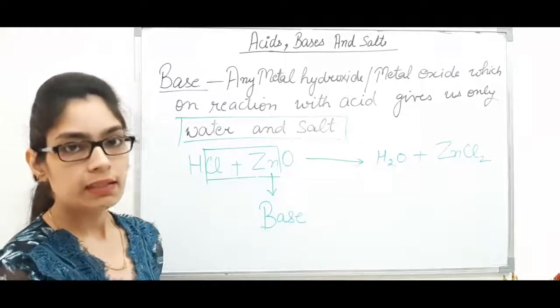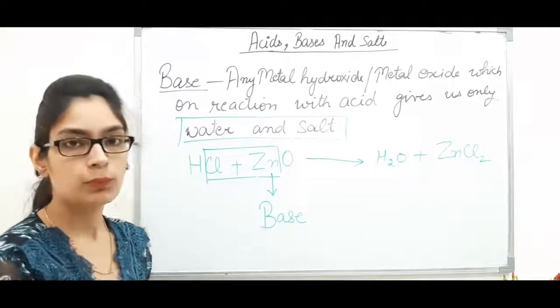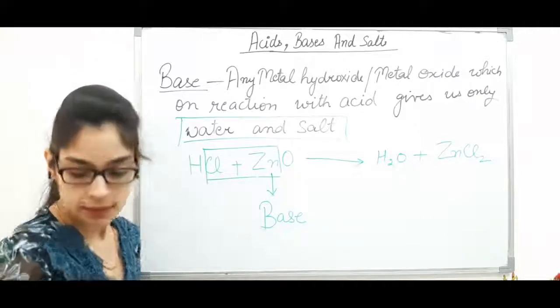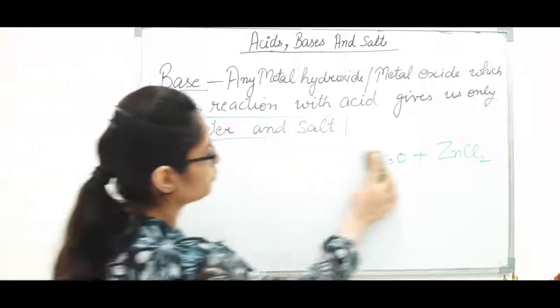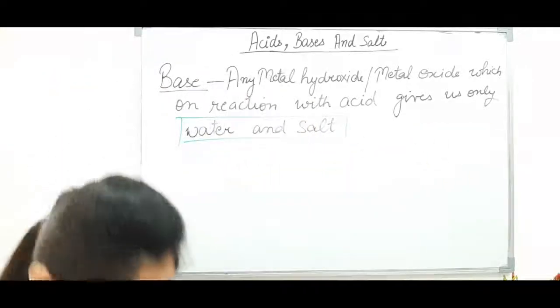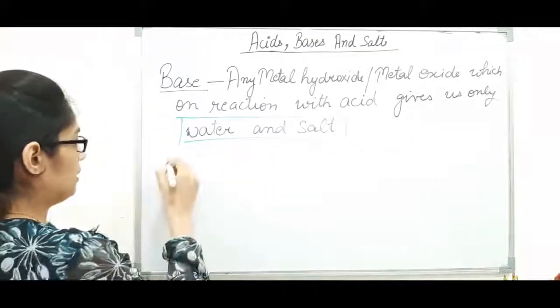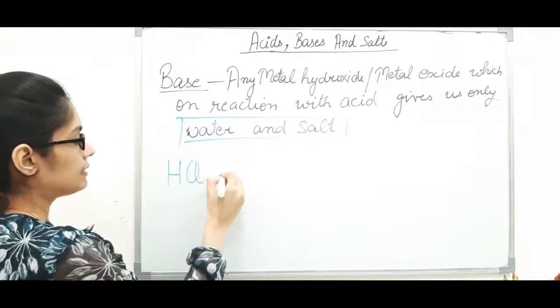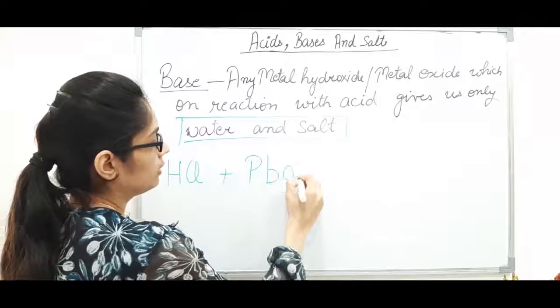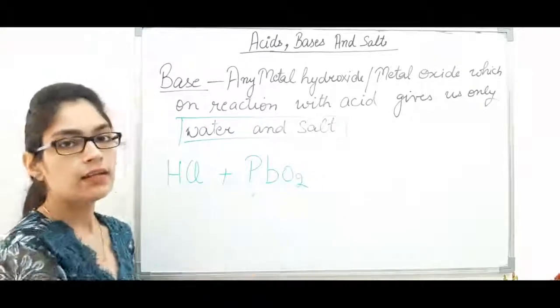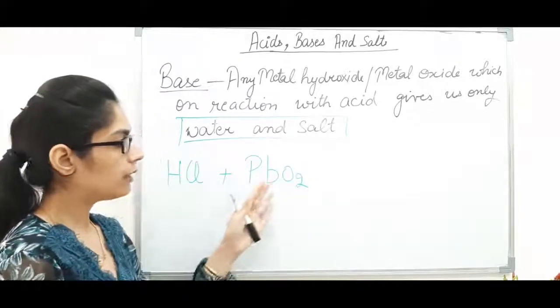Now let's take another example which will give us more clarity. We'll take HCl, which is an acid, plus lead dioxide, again a metal oxide.